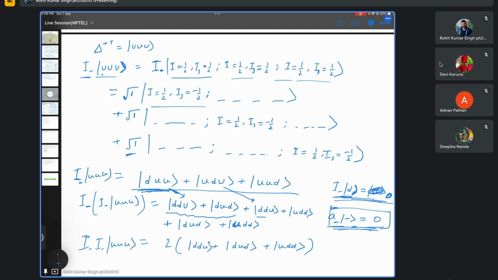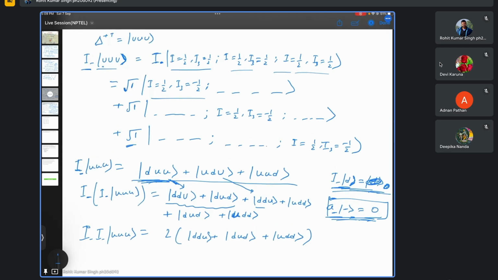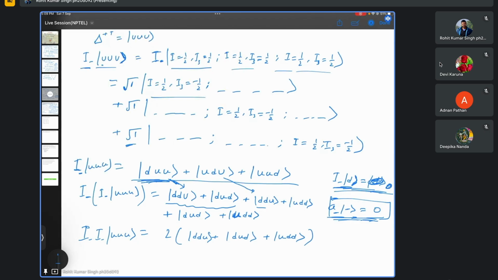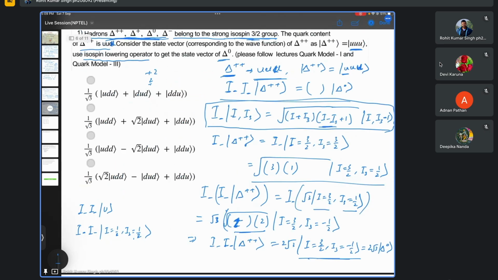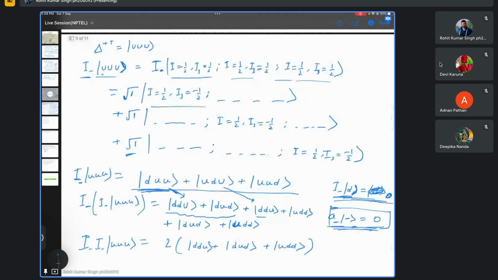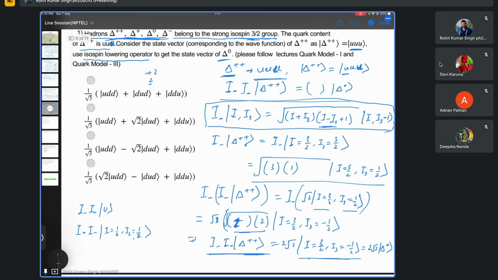Okay, so from the expression you had, let's combine these two expressions. And you have 2√3, right?